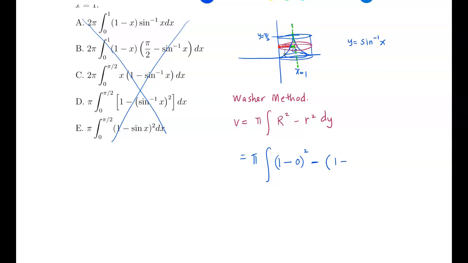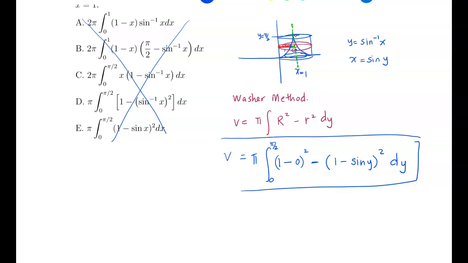But since we want x, we have x equals sine of y. So x at the left is sine of y. So sine y, and then you square that, dy. Now your strip would run from starting here, 0, up to where you end, y at the top, which is pi over 2. Okay, so this is the volume.